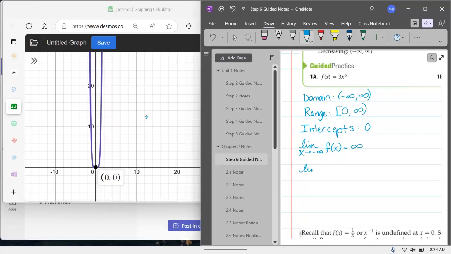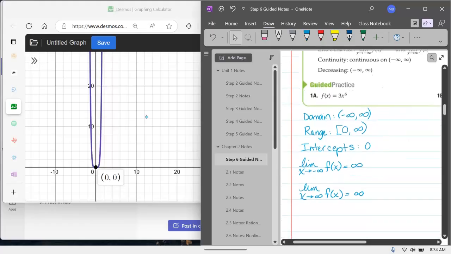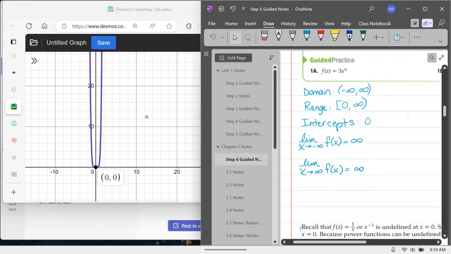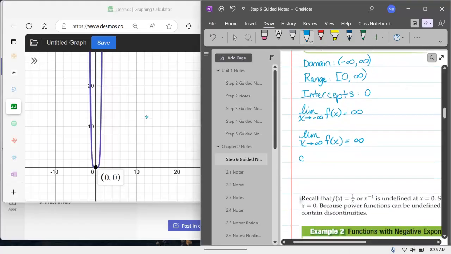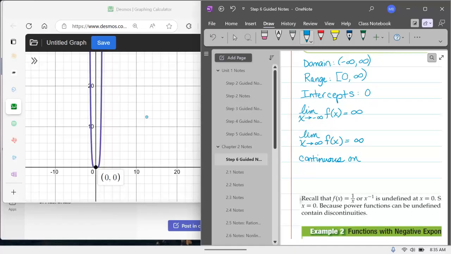And then the limit as x approaches positive infinity of f of x is also infinity. We can see that this function appears to be continuous everywhere, so we would say it is continuous on the interval negative infinity to infinity.